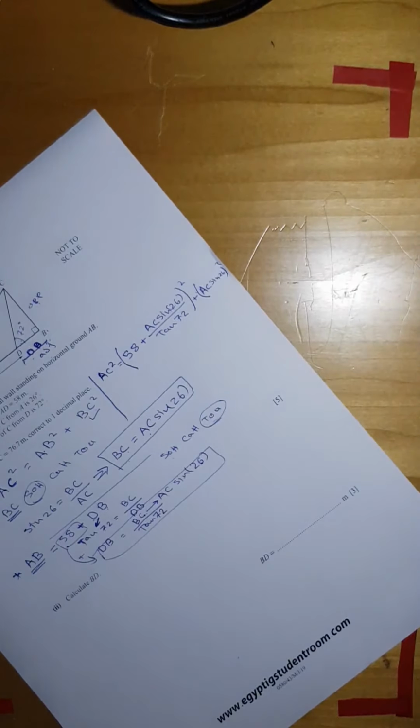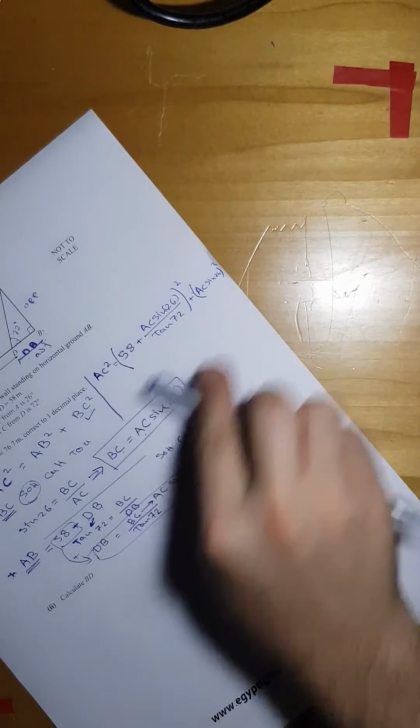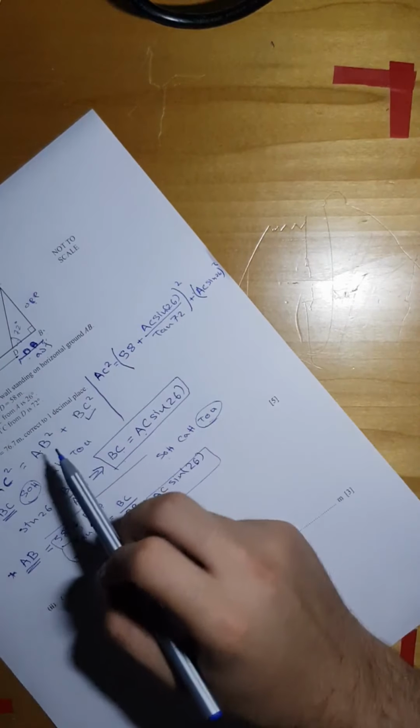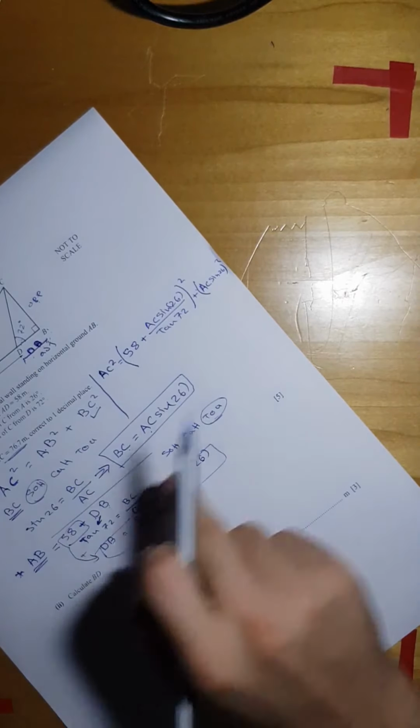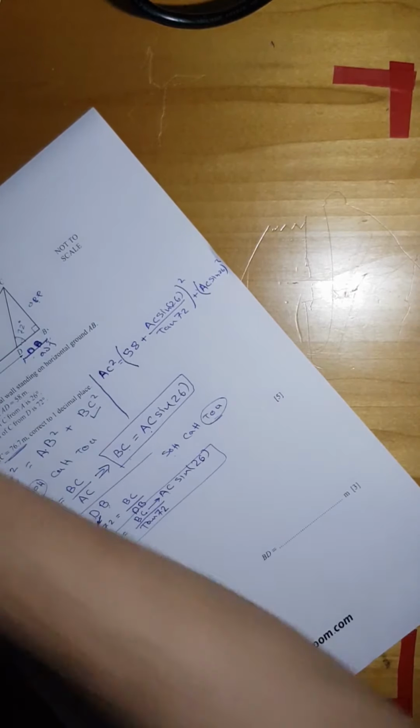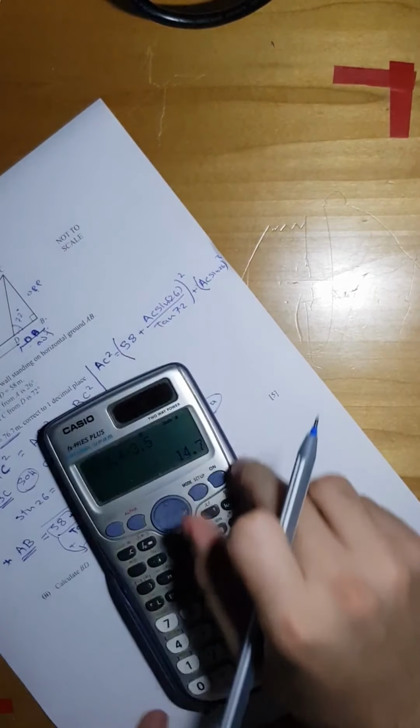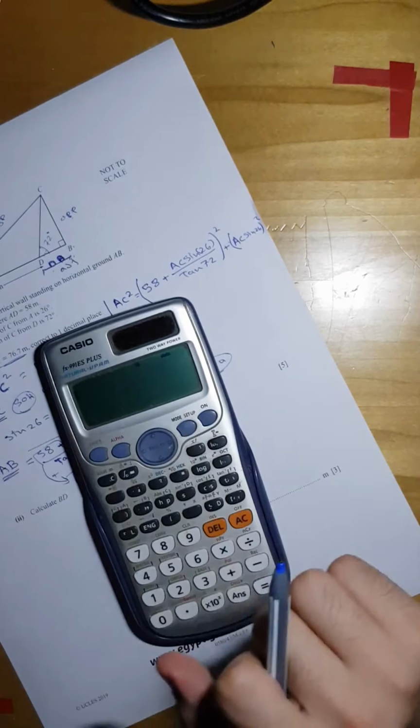Okay, now we can open the brackets and solve it and find that AC equals this answer, or we can make sure it's correct by using the solve button on our calculator.